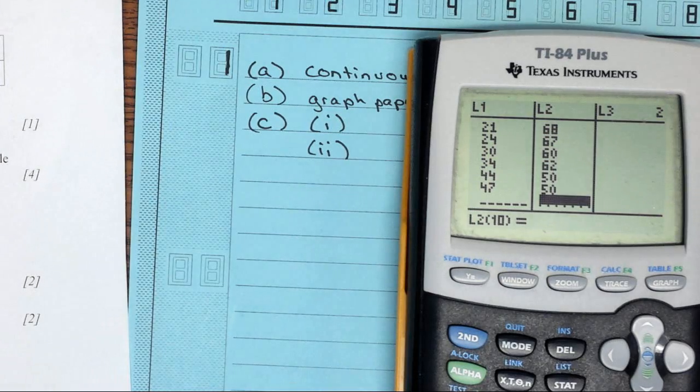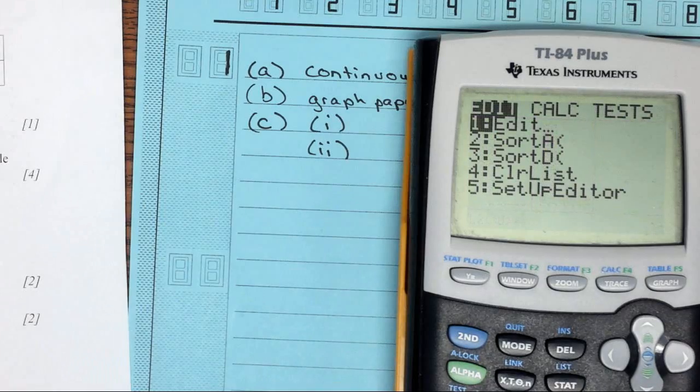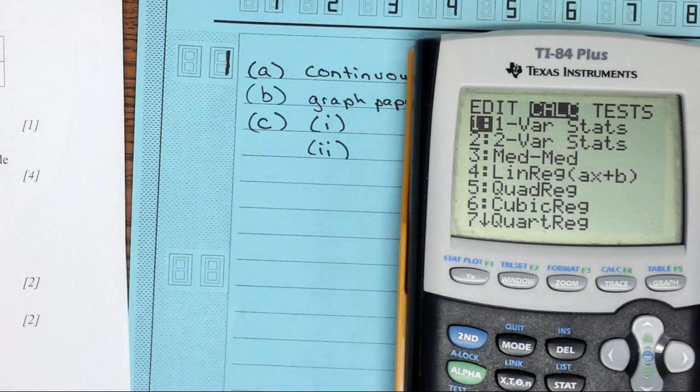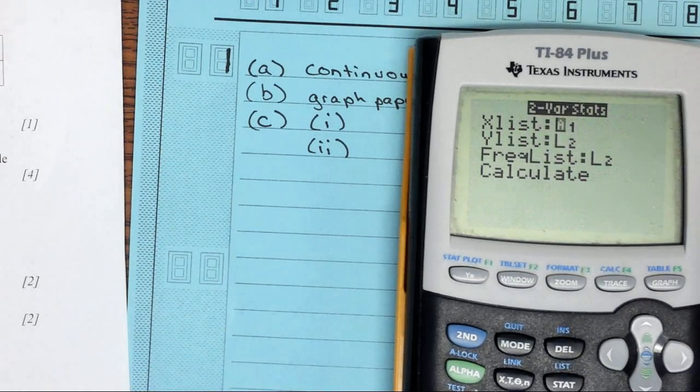Now, to find the averages, if we were just finding the average of one list of numbers, we would do one variable statistics. But we want to find the average of the x's and the y's. Which one will I choose? 2 variable statistics.